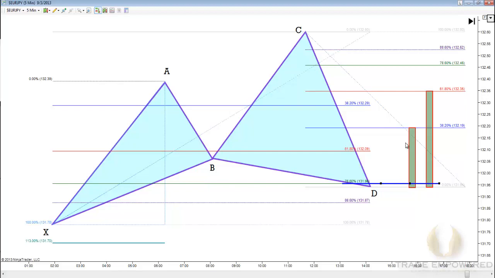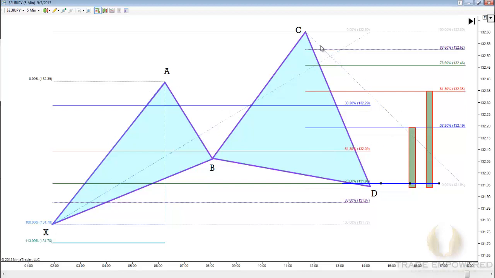So just to recap, stops need to be beyond the X leg. The traditional rules are to put them 10 pips beyond the X leg. However, you may want to test out putting in a 113 Fibonacci inversion from our A leg to our X leg.